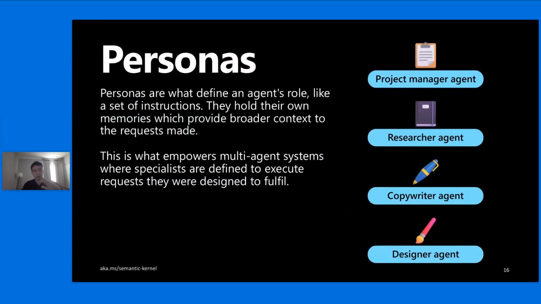Let's go back and go to personas. Personas, I like this word because I came from a country where we speak Spanish, so personas looks like Spanish. But don't worry, forget about that. Personas are the way that the AI is going to behave.